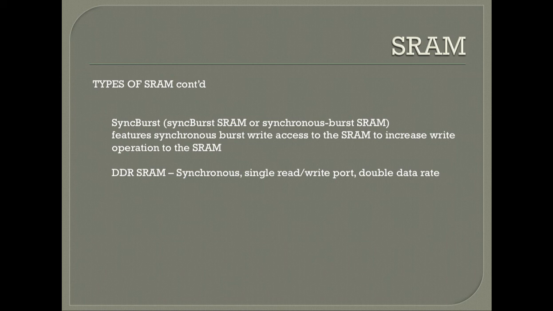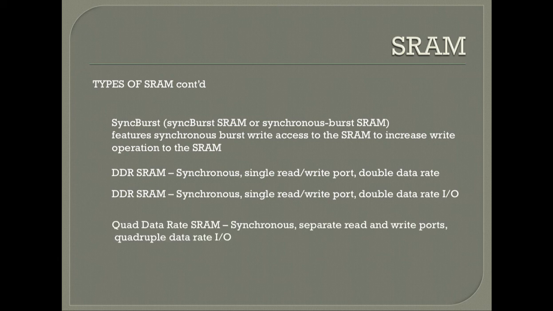Synchronous single read-write port at a double data rate. So DDR, double data rate. We have the quad data rate SRAM: synchronous, separate read and write ports with a quadruple data rate on the I/O. And then by flip-flop, you have binary SRAM and ternary SRAM as well.